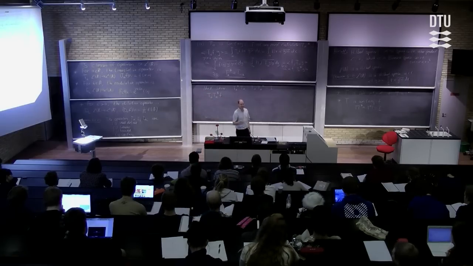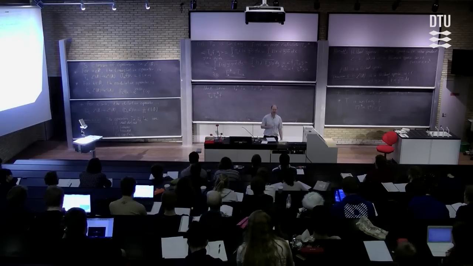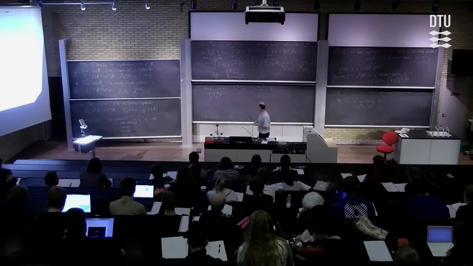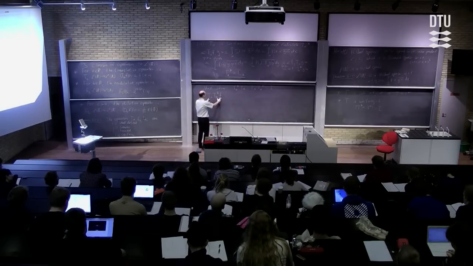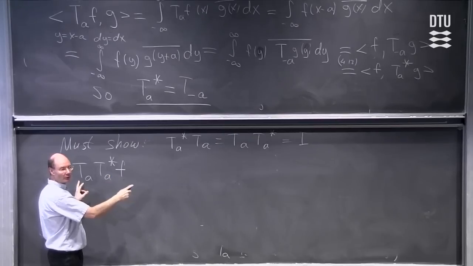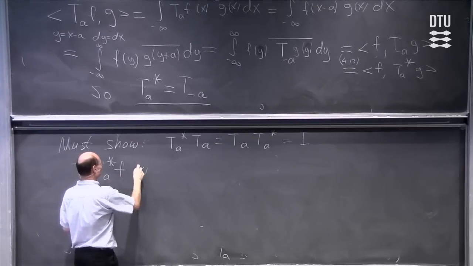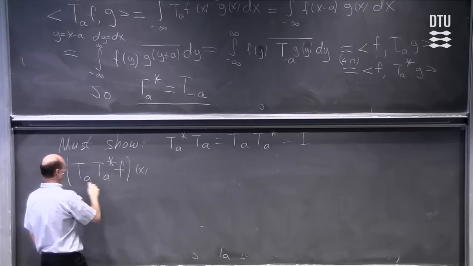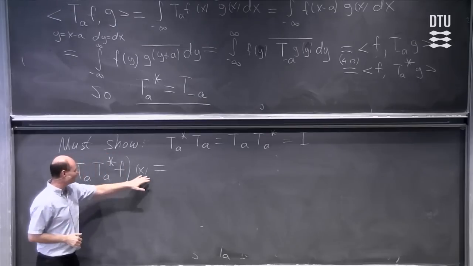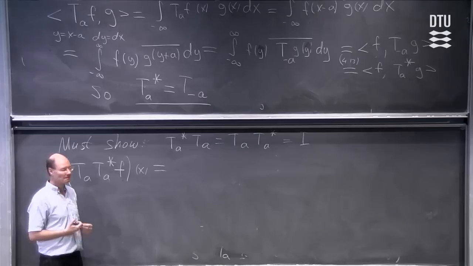Yes. What I mean is you have to evaluate it in a point x to find out which function we're dealing with. So in order to find out what this function is, you have to calculate what the value is in a certain point x.